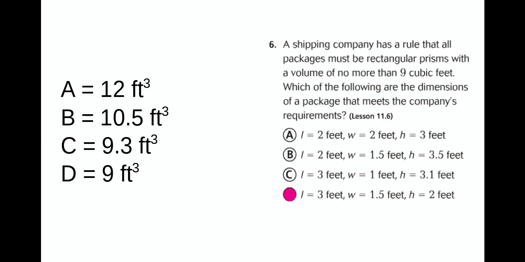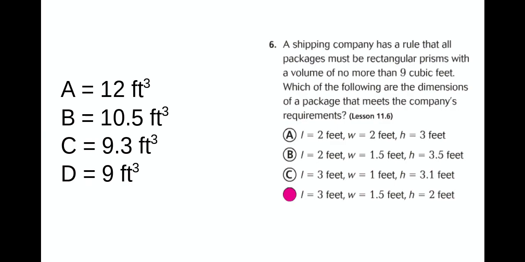Now, we learned that no more in math terms means less than or equal to. So what we're looking for is a box that has dimensions that are less than or equal to 9. So it's pretty simple. Just take each one of those options, A, B, C, and D, and go ahead and find the volume of each one.